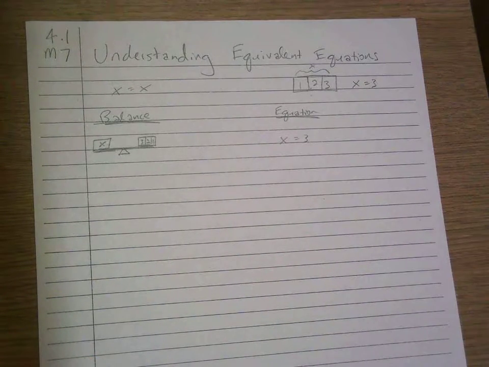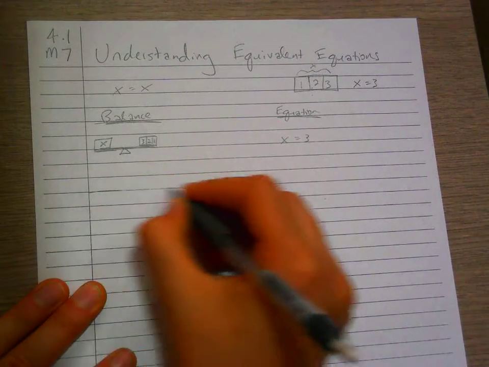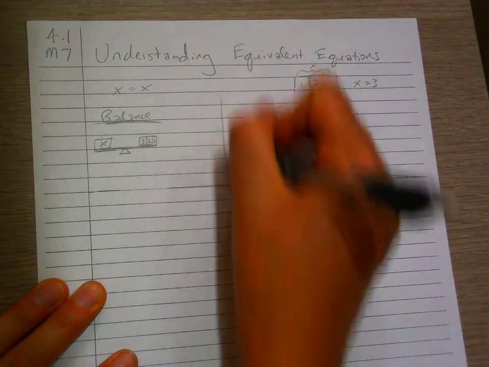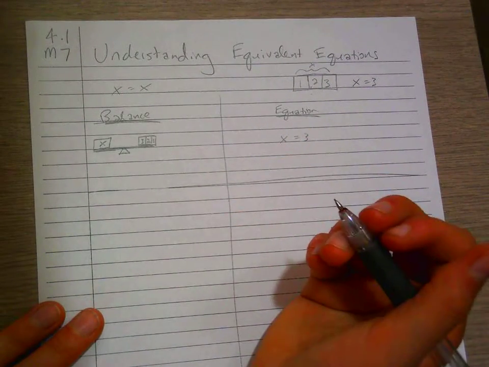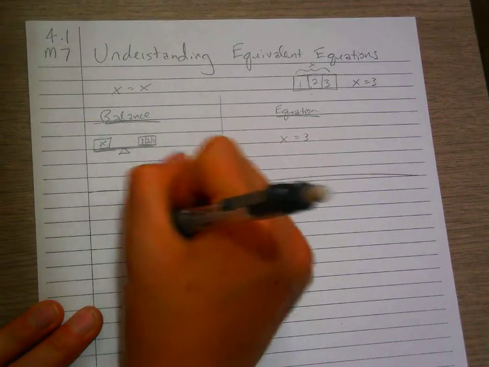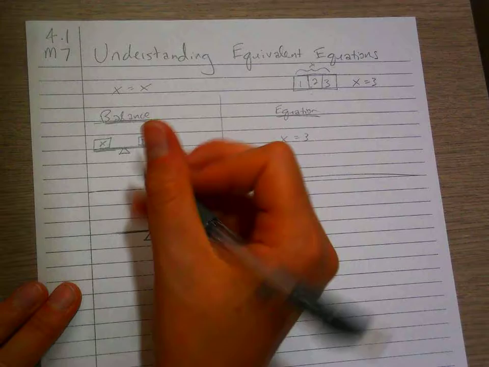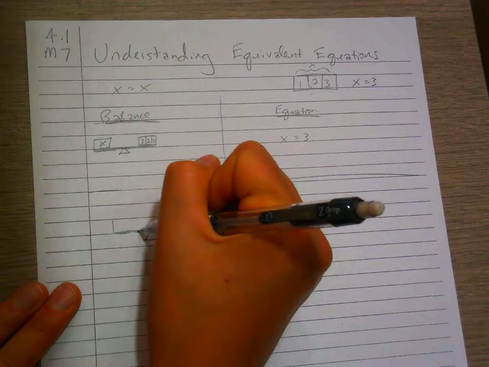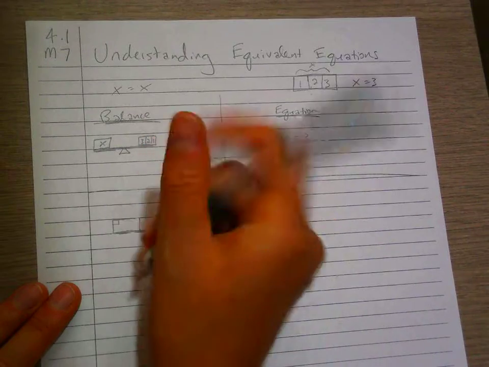Now, we can do a little bit more detail. We could make something bigger. So, for example, here's our balance, and on one side we have x, but we've taken away 1. So that 1 is no longer there.